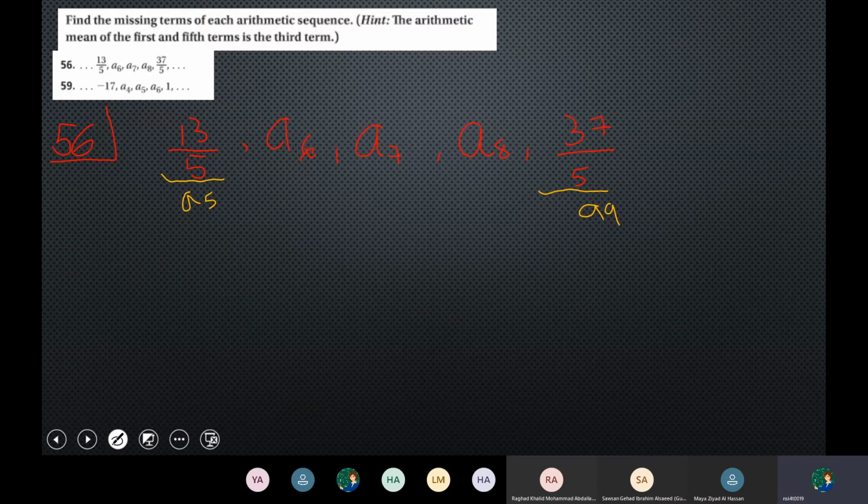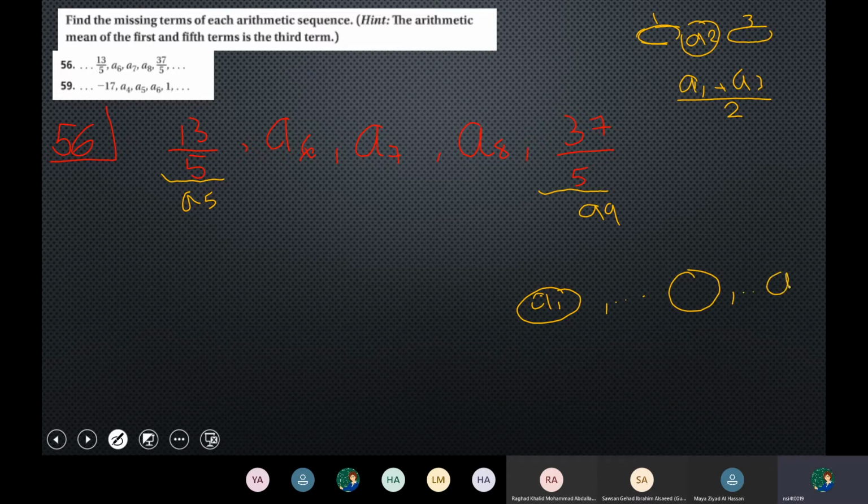But there's a hint. You know that if you have the first term and the third term, you can add them and divide by 2 to find the second term. Also, if you have a sub 1 and a sub 5, add a sub 5 plus a sub 1 over 2 and you can find a sub 3.